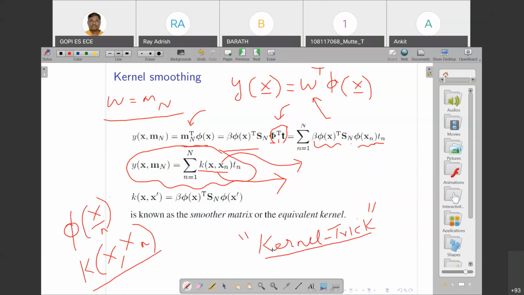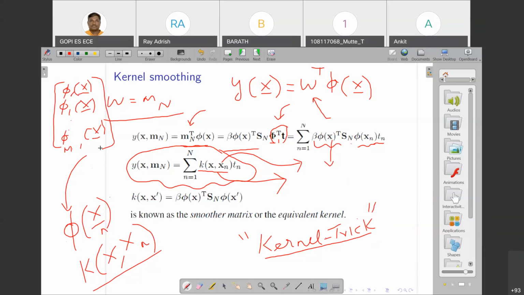It means we don't want this basis function explicitly, right? Because the basis function can be viewed as mapping that vector to a higher dimension. You have a vector x, and then you are creating phi naught of x, phi 1 of x, phi 2 of x, and so on. That forms this basis function, right? So you need M basis functions, which is quite large in general.